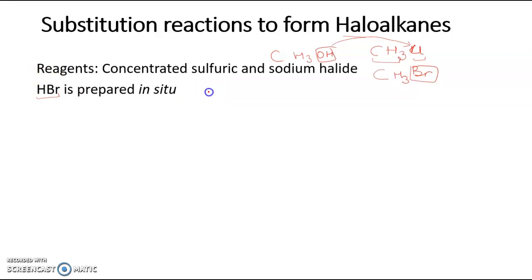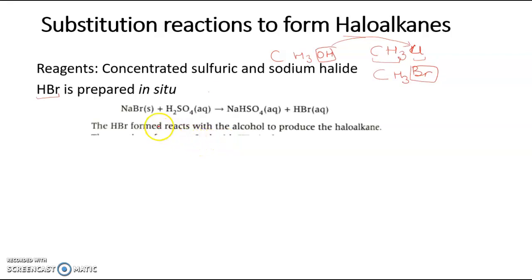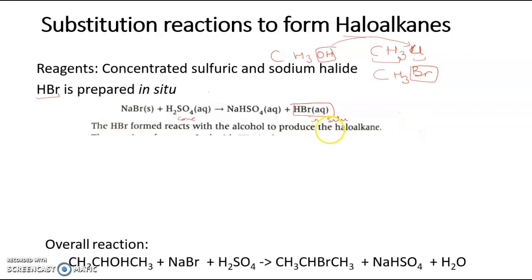In situ means it's prepared while the reaction is going on. So you would literally take in the test tube NaBr and H2SO4, and this is concentrated H2SO4. When you react it, you would get HBr being produced in situ. So while the reaction is going on, it's being generated. You're not adding HBr separately, and this is an important point to note.